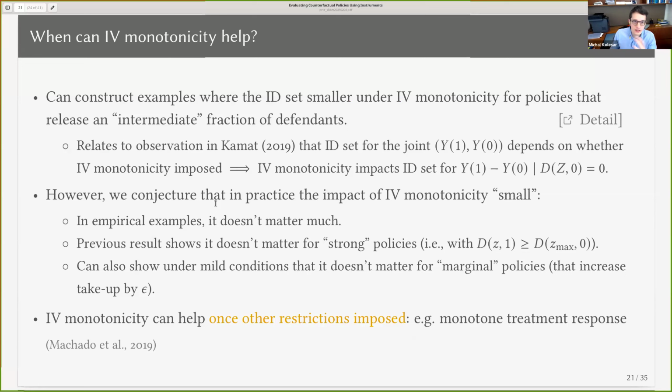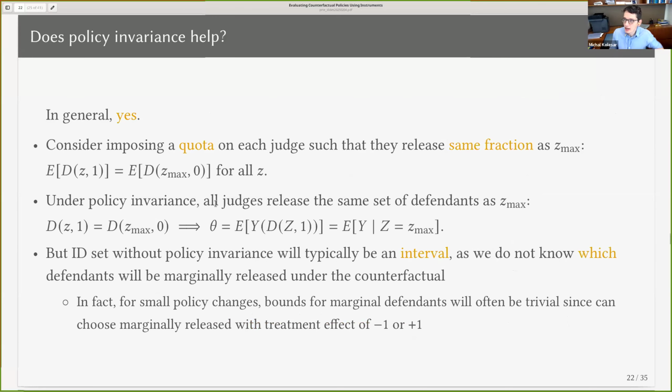You can also construct counterfactuals where IV monotonicity helps. I'm not going to go into that. I'm going to focus more on what are other types of restrictions other than IV monotonicity that are going to be helpful. One of them is this policy invariance restriction, and the example of that is this quota example that I just gave.